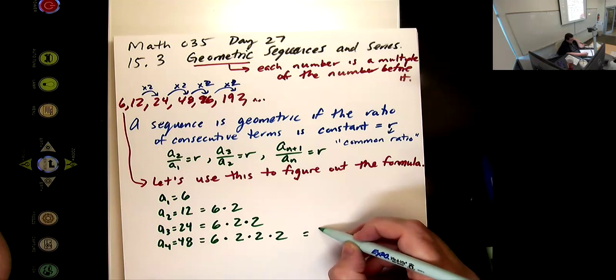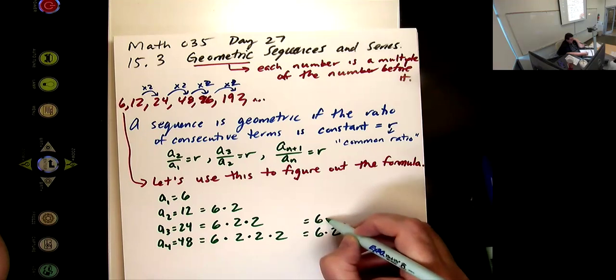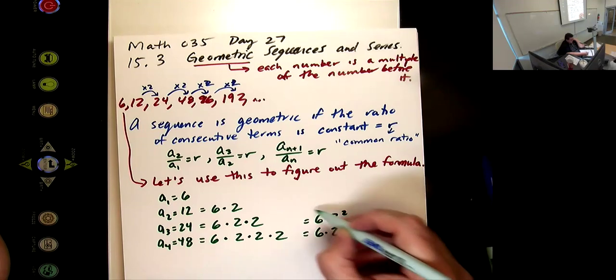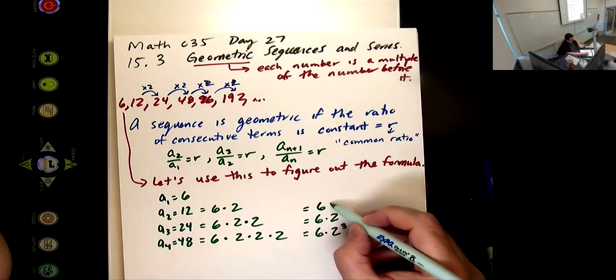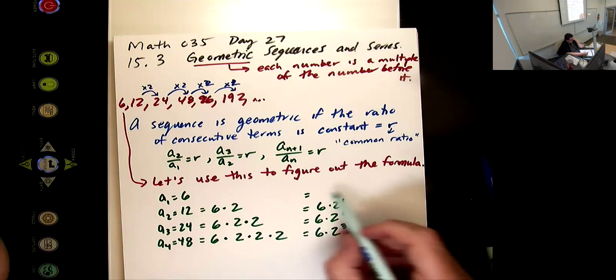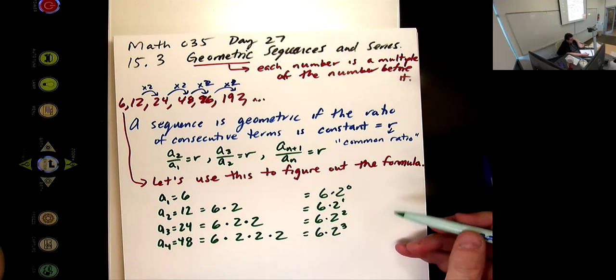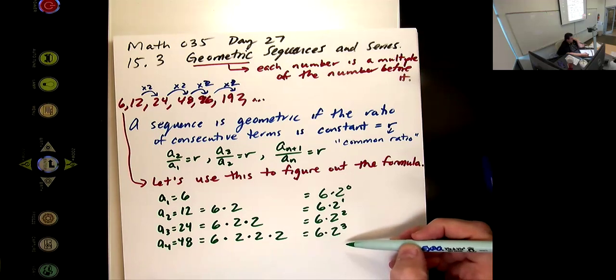So I could write this as 6 times 2 to the third. This is 6 times 2 to the second. This is 6 times 2 to the first power. Times 2 to the 0. So the next one would obviously be 2 to the fourth.